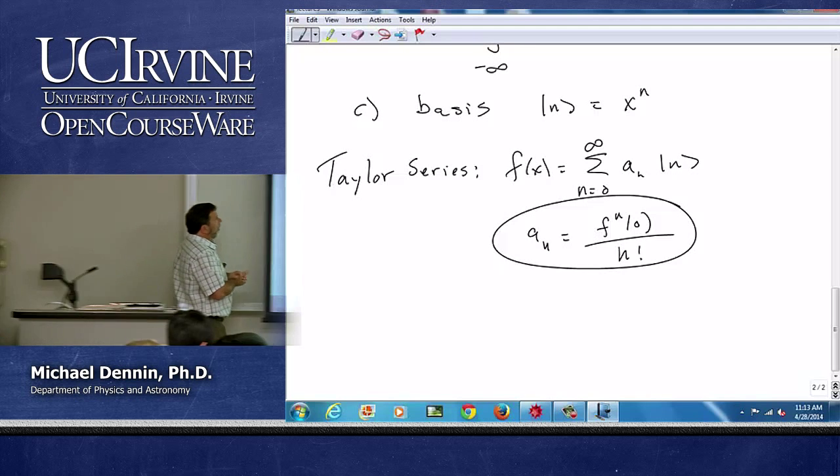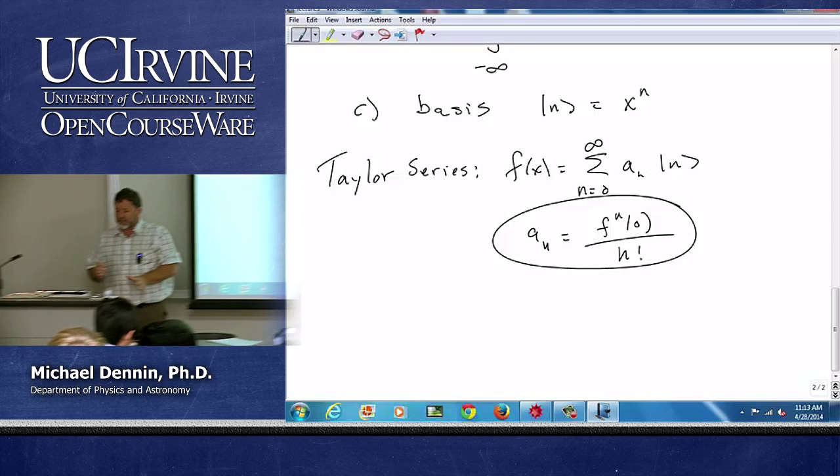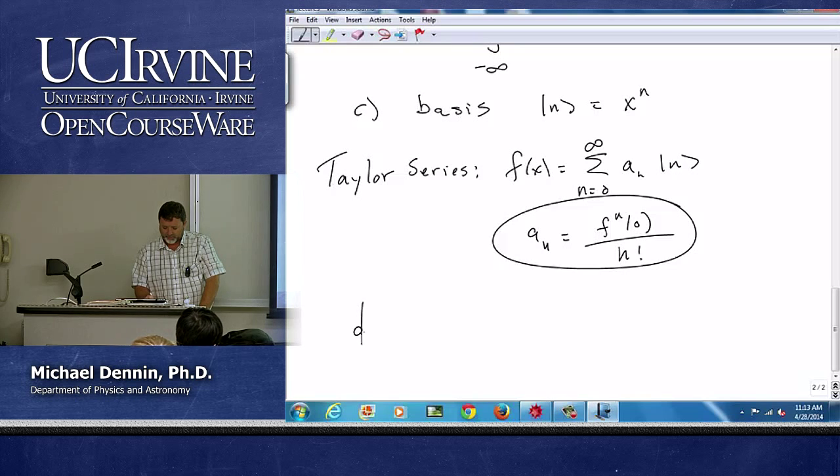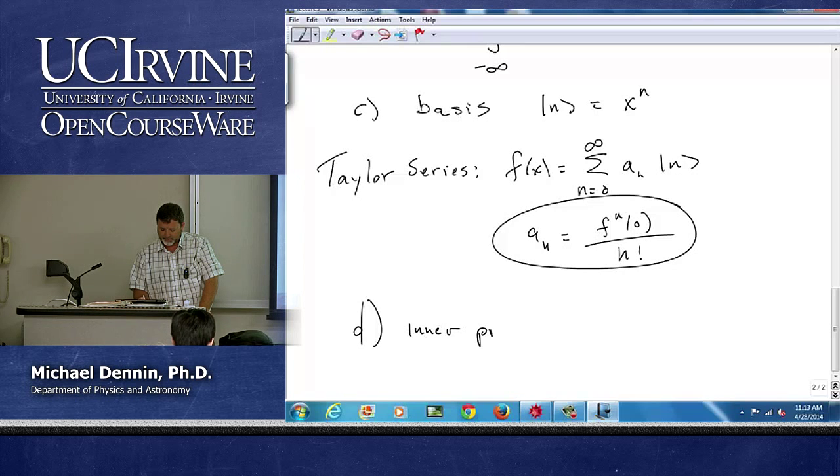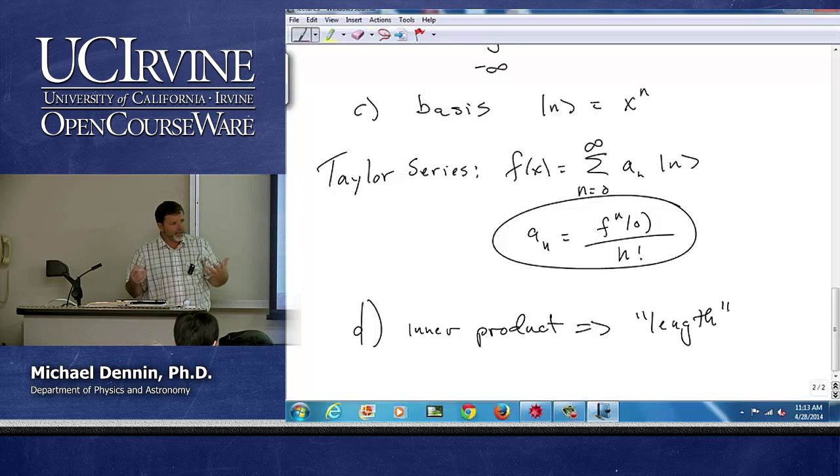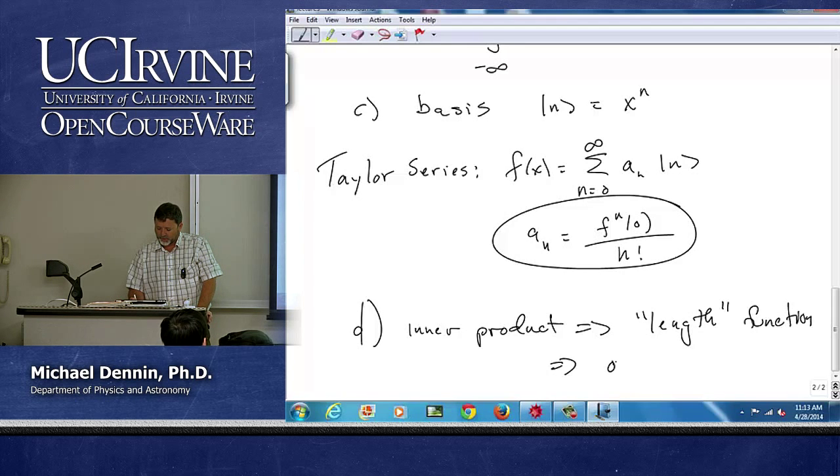Now, if we want an idea for an inner product, then what we're thinking about is defining the length or the norm of a function and the idea of orthogonal.